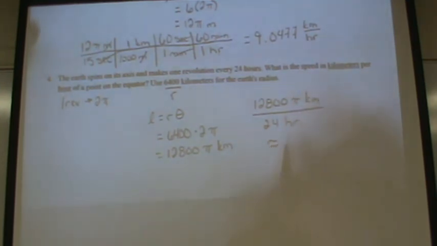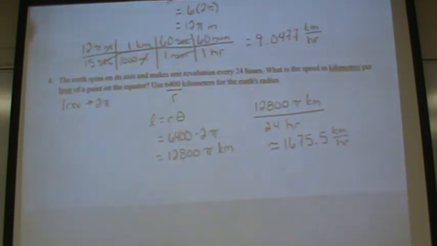And you'll get approximately 1,675.5 kilometers per hour. So for this revolution, the Earth spins at a speed of approximately 1,675.5 kilometers an hour. And we're done.